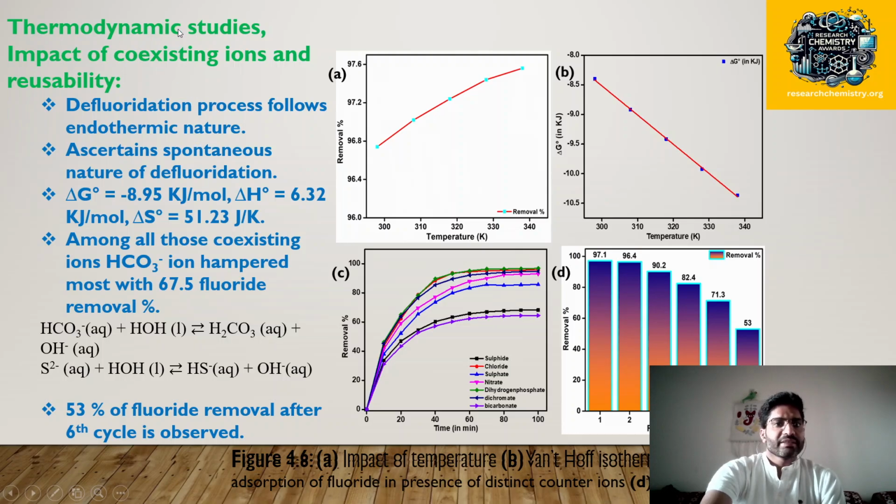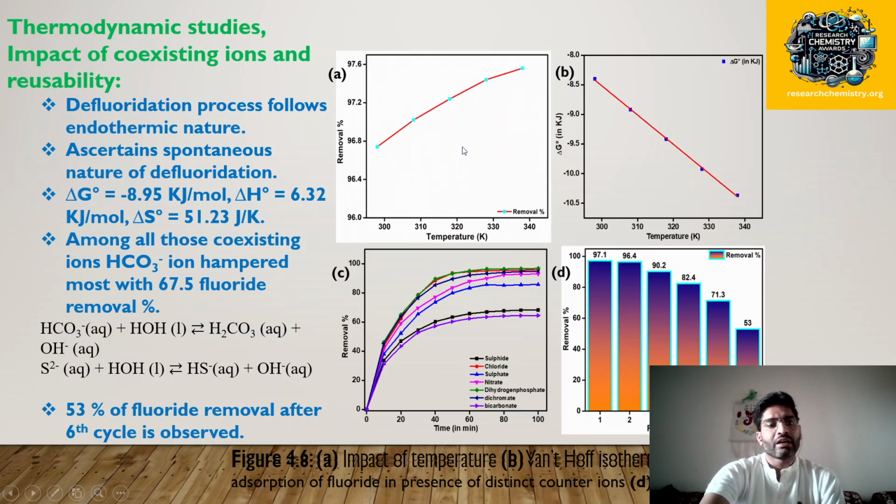Later, thermodynamic studies, the impact of coexisting ions, and reusability have been tested. As we could see, the temperature was varied from 298 Kelvin to 308, 318, 328, and 338 Kelvin, and upon increment in temperature, the adsorption capacity and removal percentage slightly inclined.